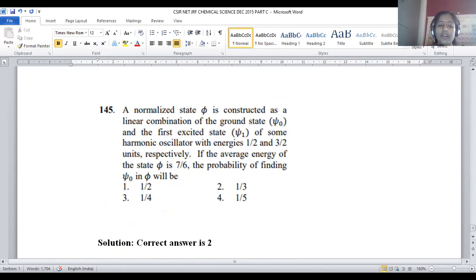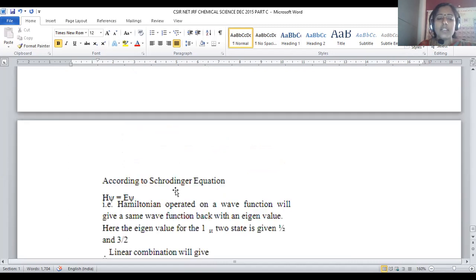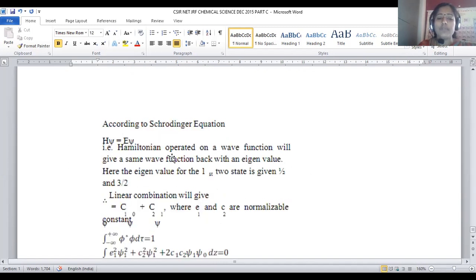So how can you identify the psi naught and pi values? Let us see. According to the Schrodinger equation, H psi is equal to E psi. H is the Hamiltonian operator, E is the energy, and psi is the wave function. This Hamiltonian operator acting on the wave function will give the same wave function back with the eigenvalue.